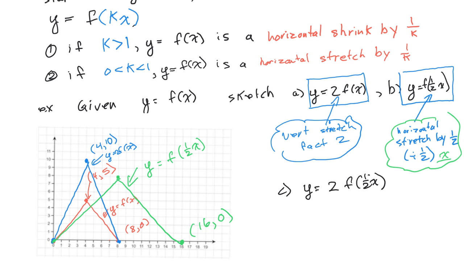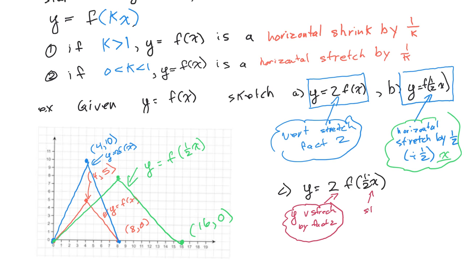So the 2 in front, let's make this a nice different color, stretches the y's, which is a vertical stretch by a factor of 2. But then on the inside here, our x's get stretched by a factor of 2.